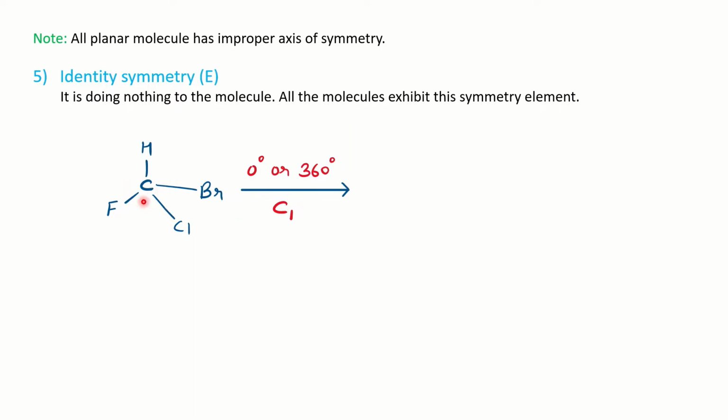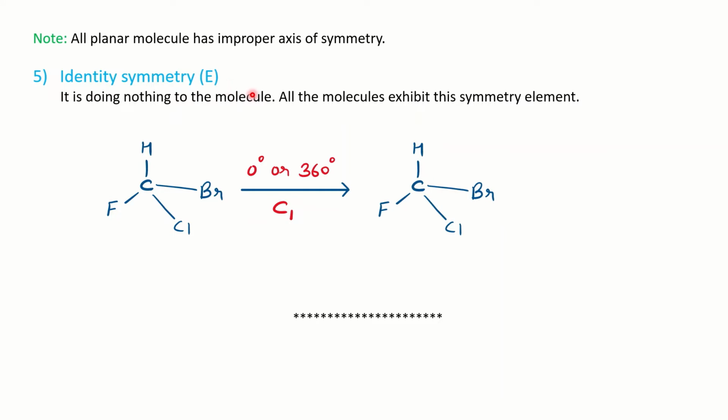You can see here carbon is tetravalent, having 4 different groups or ligands, so there is no symmetry at all. If you rotate this by either 0 degree or 360 degree, that is C1, you will get the same configuration. That means you have done nothing to the molecule. So basically all molecules possess the C1 axis of symmetry or identity operation.